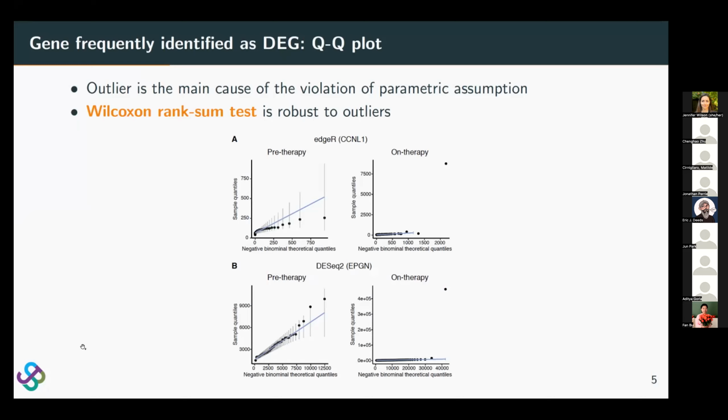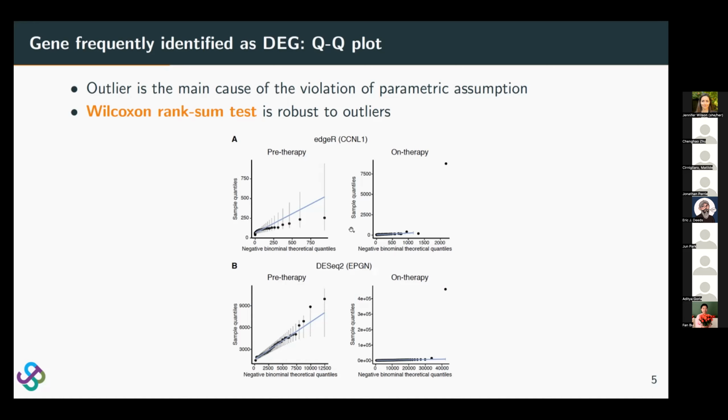And we find that for both genes, there is a very large outlier. The existence of outliers makes the negative binomial model not fit well and will cause severe problems regarding the p-values. And this will finally lead to the exaggerated false positives.